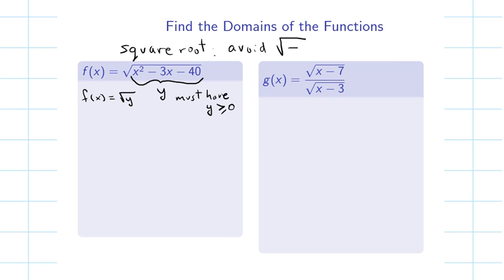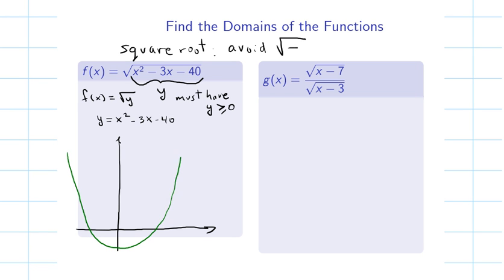So let me plot y equals x squared minus 3x minus 40. If I plot that, it's a parabola, and it goes down like this and then goes up, and we want this to be positive. So this is good. Over here, all of these points, the y coordinate is positive. And over here on the left side, they're also positive, that's good, but down in the middle, they're negative.